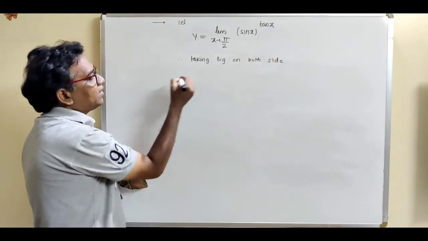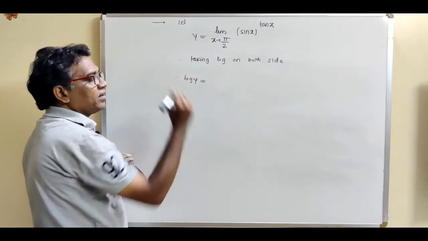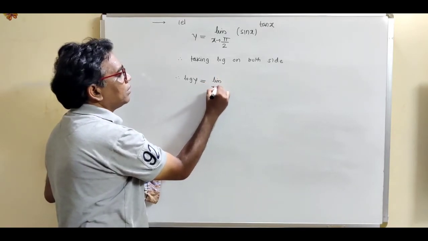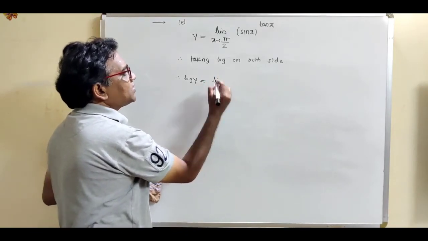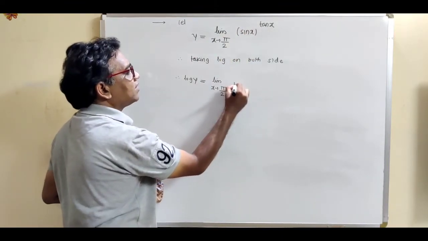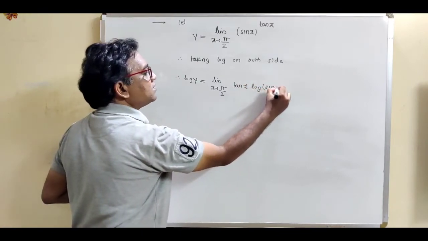So taking logarithms on both sides, the left hand side is log y, which is equal to limit x tends to pi by 2, and if you take logarithm on the right hand side, then we get tan x log of sin x.